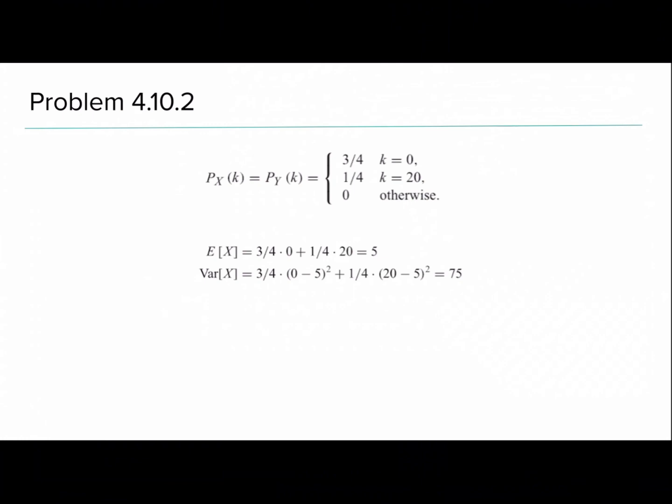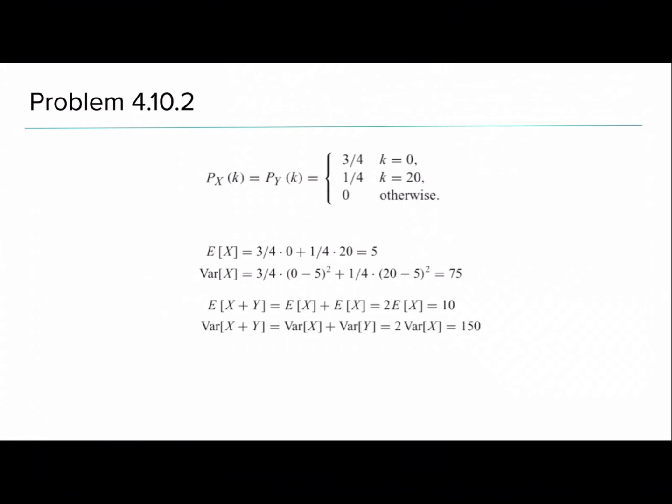So for X is equal to 0 it is (0 minus 5) whole square into 3 by 4, plus (20 minus 5) whole square into 1 by 4. So this comes out to be 75.